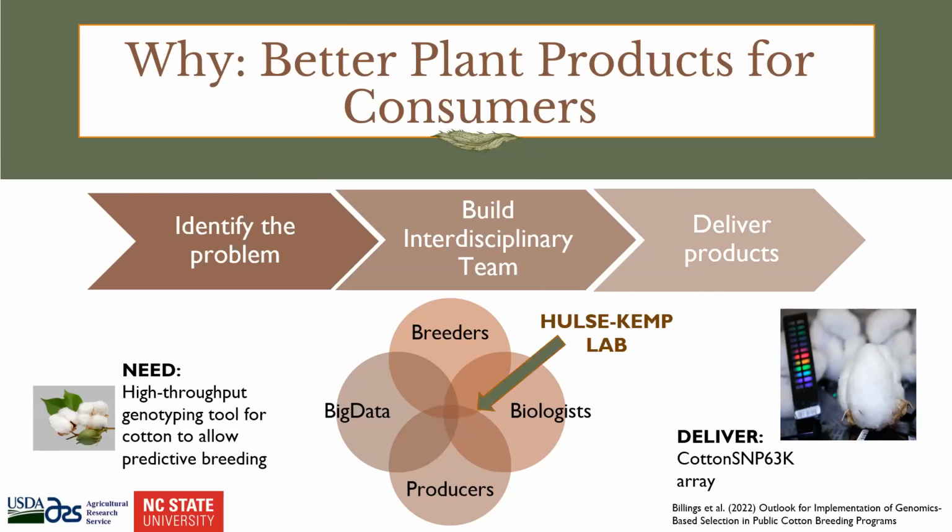Our lab fits in the middle of these groups. By working together, we're able to deliver products like the cotton 63 SNP-K array that you can see on the right here. That genotyping array is this little piece of technology, and we can use that for doing things like we recently published, looking at the outlook for implementation of genomics-based selection in our breeding programs.